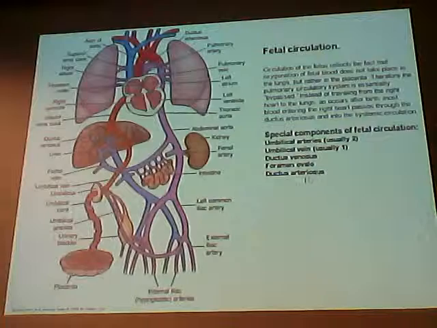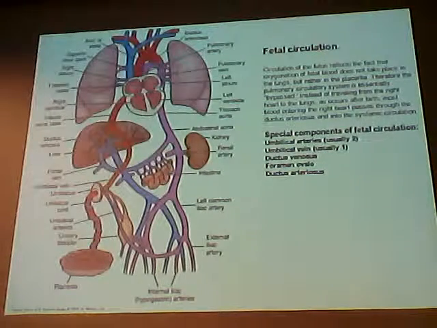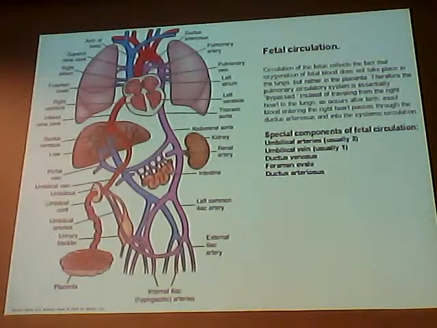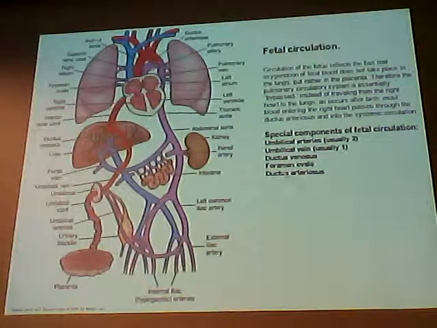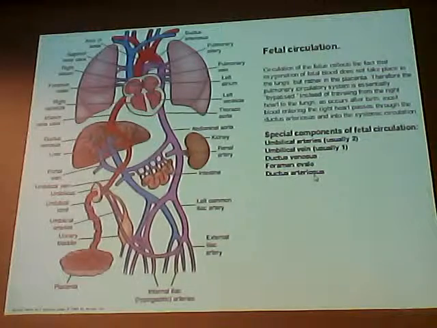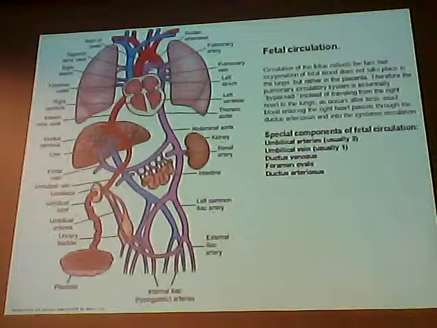Then you have the ductus arteriosus, a connection between the pulmonary artery and the aorta. Again, you don't need to go to the lungs, so that blood just goes to the rest of the system. The ductus arteriosus is a duct that remains open, and it theoretically goes away.